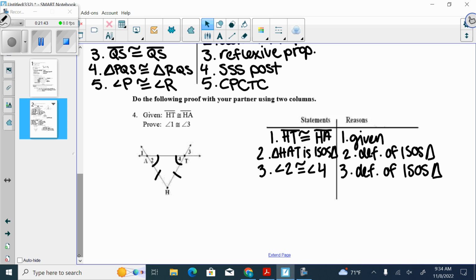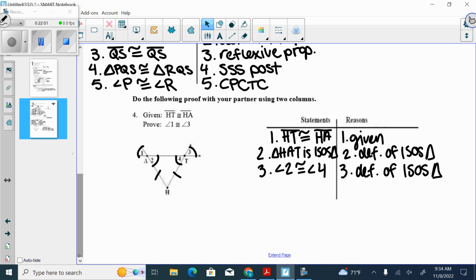Okay, I'm supposed to be proving that 1 and 3 are congruent. Those are not connected in any way. But is there anything that's not marked that we know is true? Yes, very good. I can mark those vertical angles here and here.